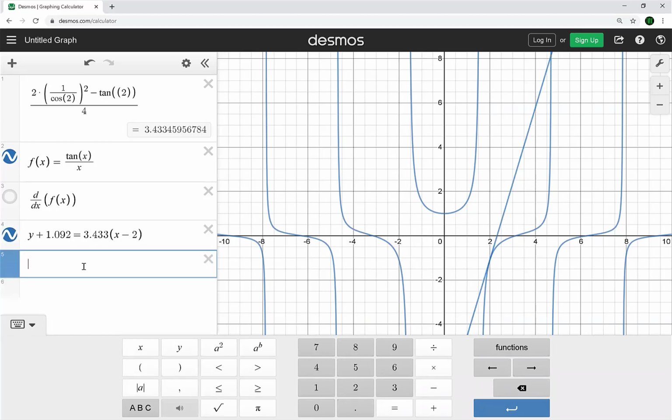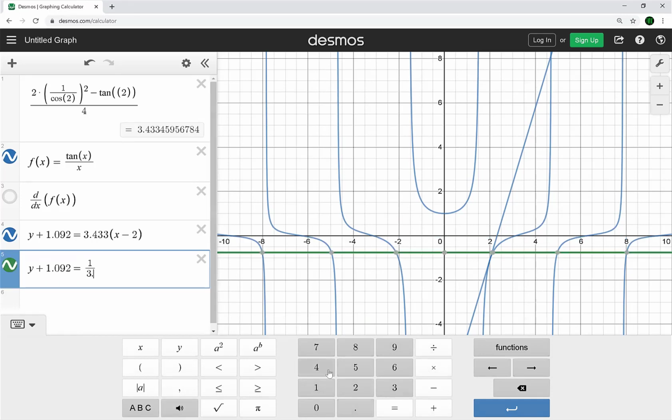Perfect. Let's do the other one. Y plus 1.092 equals, and then I'm just going to say the lazy route, 1 divided by 3.433, and the negative in the front. I did it again. Negative.